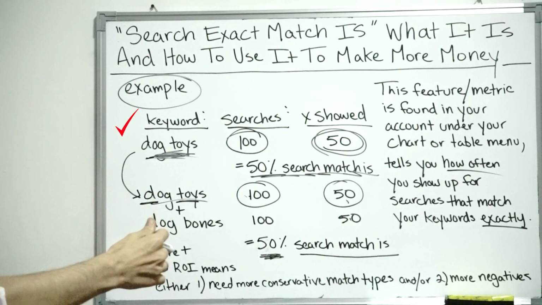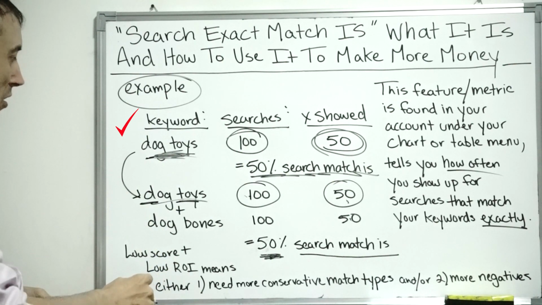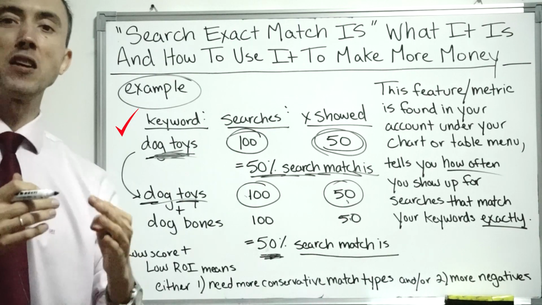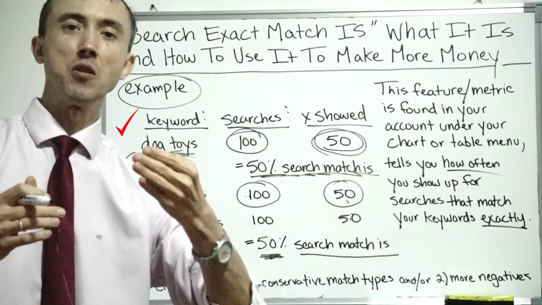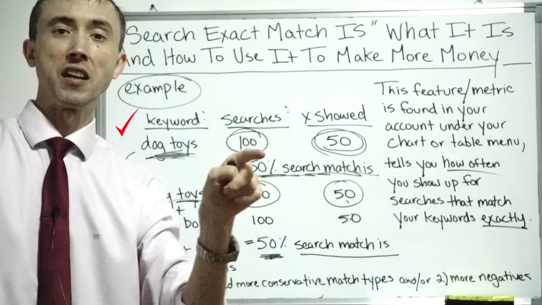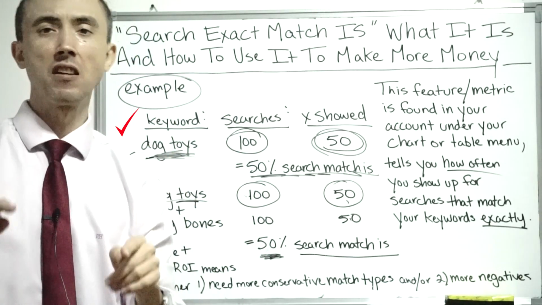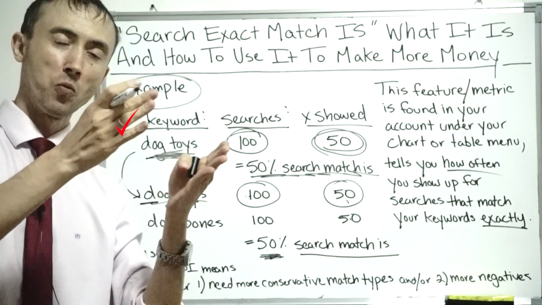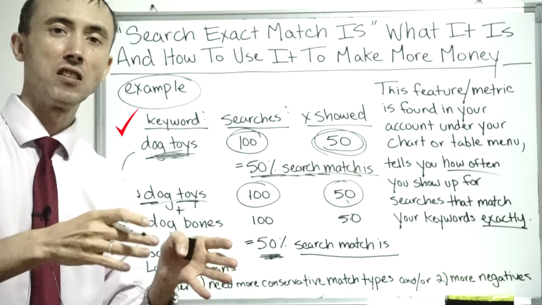That's the reality. However, with the keywords you bid on, as you know already, you may show up for other stuff other than what the keyword is, unless you're bidding on the keyword in exact match with the brackets around it. And even then, you'll start showing up for other stuff other than what that keyword actually is.